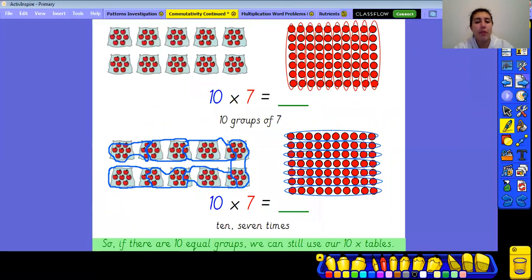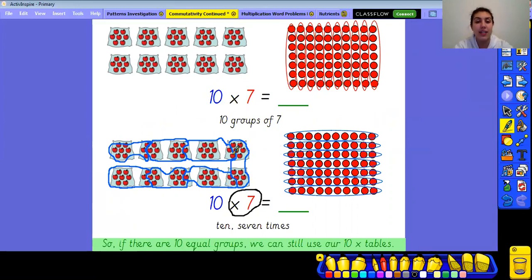But we're going to look at it from a different perspective where we've still got 10 equal groups. And instead of saying 10 groups of 7 and counting in our 7s, we could say we've got 10 7 times. This is why we call it our times table, because we've got numbers a certain number of times.